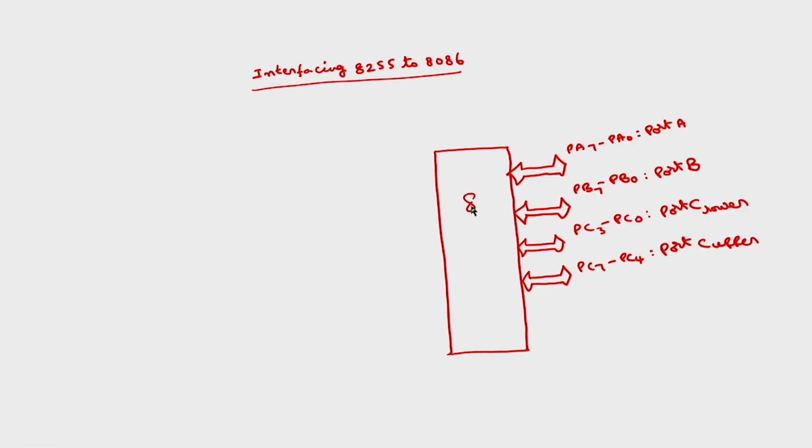This is 8255. And in addition to this, we have read bar signal, write bar signal. Then we have chip select bar signal. Chip select is an active low signal. Then we have A1, A0.